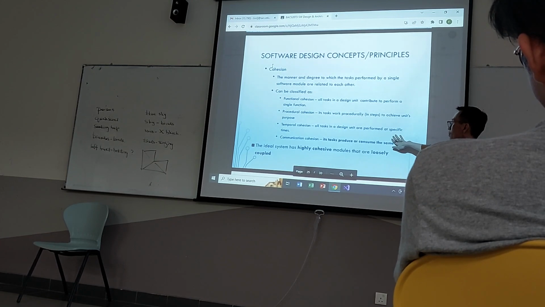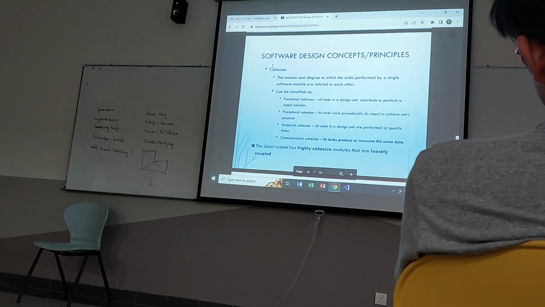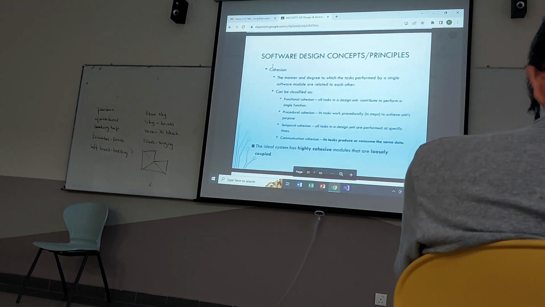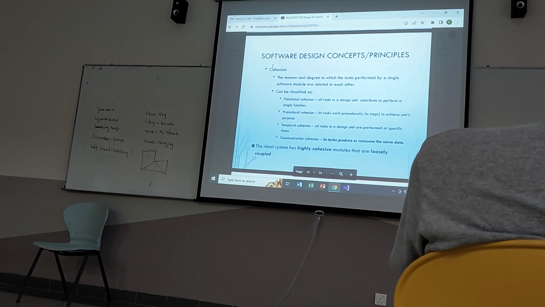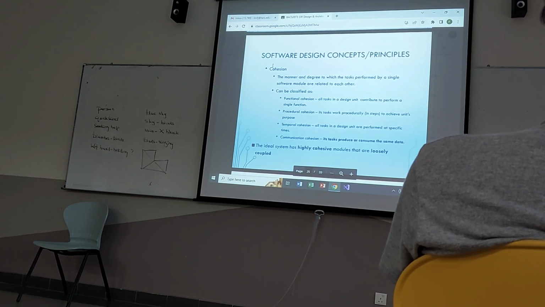Temporal cohesion is how the tasks are performed within a specific duration. Communication cohesion is how the tasks consume the same data or produce the same output data. So the idea is high cohesion.